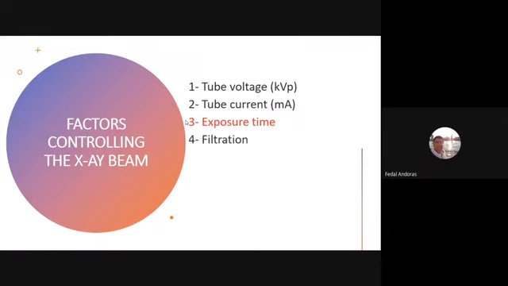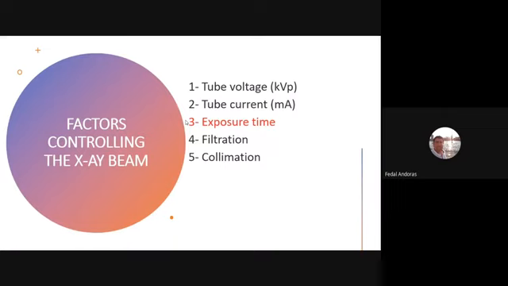Filtration, as you know, will filter the longer wavelength, low energy X-rays and will leave the high energy, high penetration ones. So we talked about that as well. Collimation, we talked about collimation. It will make the X-ray oriented just to the area of interest, not diffused.